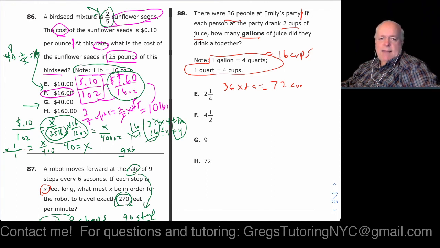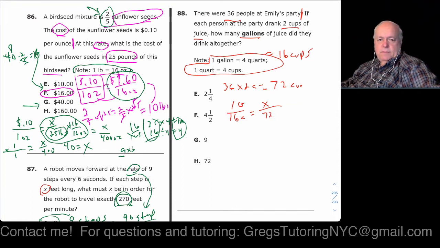So how many gallons of juice did they drink altogether? Well, it's basically asking 1 gallon is to 16 cups, as how many is to 72 there.